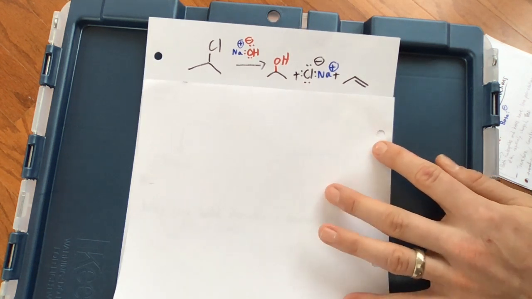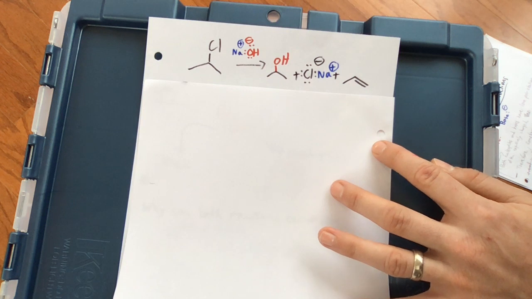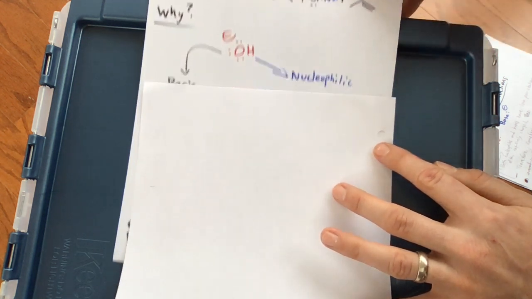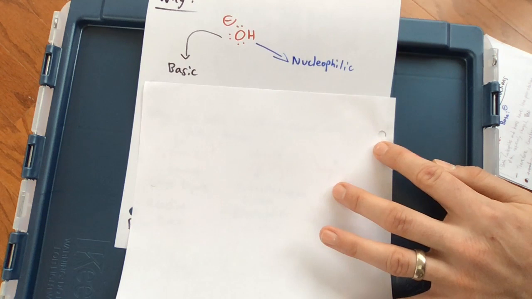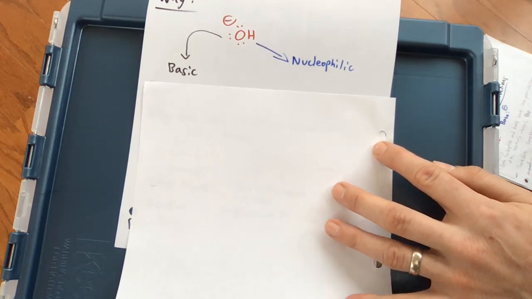So what we want to do is understand why you get both products. And the reason why is because the sodium hydroxide, the hydroxide anion, is both basic and nucleophilic.